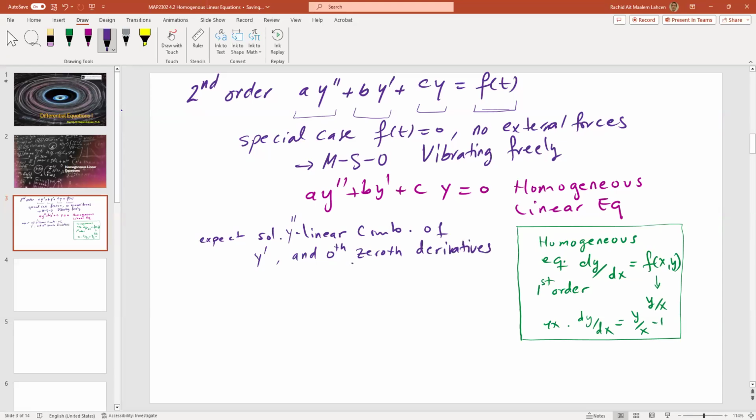What does this mean? For example, the zeroth derivative of a function is itself, right? So, for example, if somebody says f of x squared, what is the zero derivative of itself?